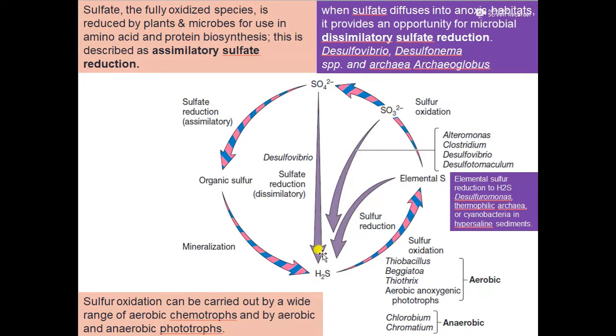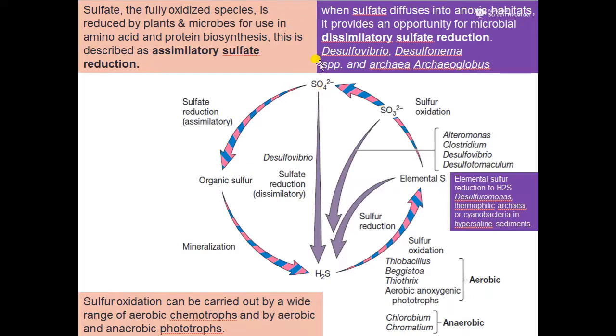In the case of sulfite, the organisms contributing to this include Alteromonas, Clostridium, Desulfovibrio as well as Desulfotomaculum. And in the case of elemental sulfur, here again we have Desulfuromonas as well as thermophilic archaea and various cyanobacteria present in hypersaline sediments, which are involved in the conversion of elemental sulfur into H2S.